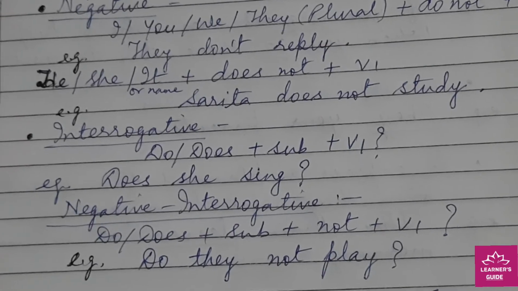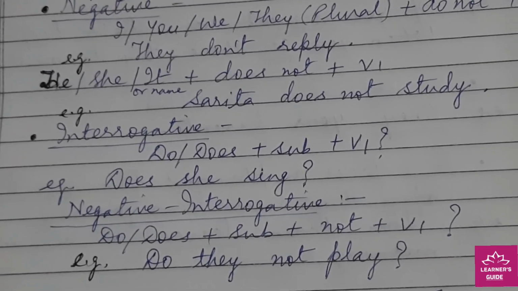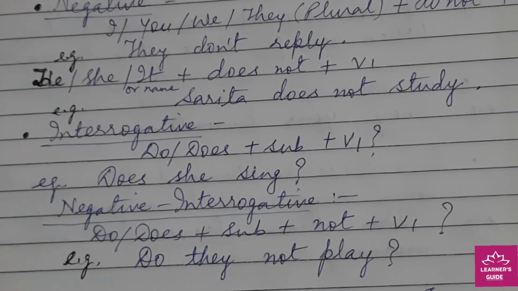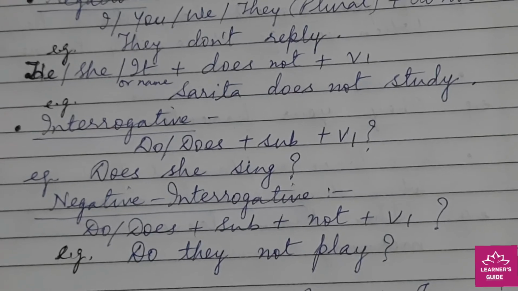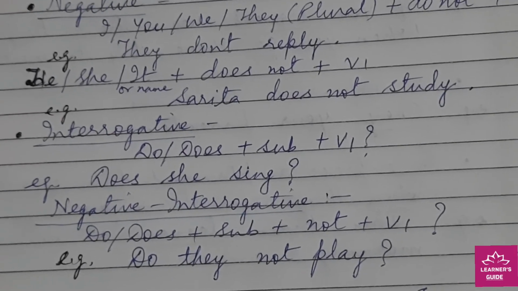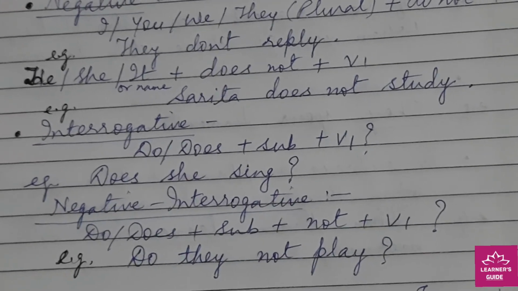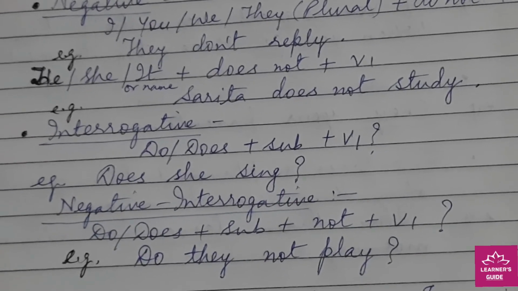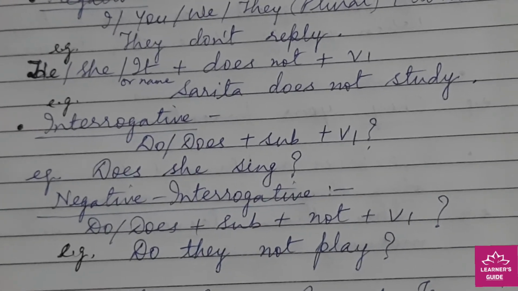Okay, and then we are using the subject, whatever person it is or number it is, singular, plural, or masculine gender, feminine gender, whatever is our subject. Then we are adding not. Does she not sing? Do they not play? So we are adding not after the subject, and then we are using the first form of the verb.